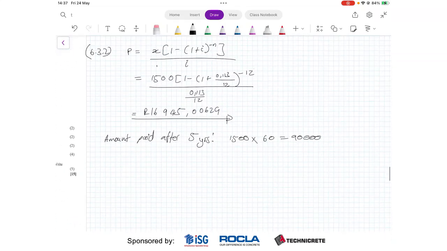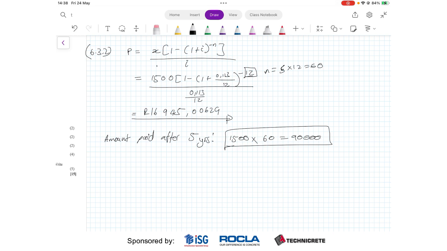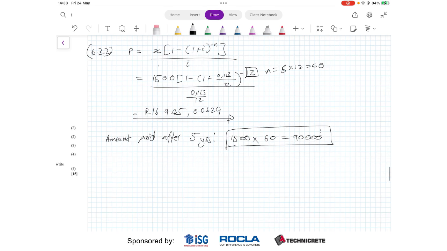And because we are going to calculate the amount that Mpho pays after 5 years, we don't necessarily need to use n being equal to 5 times 12, which is 60, because that is accounted for in calculating the amount that Mpho pays in 5 years, okay?